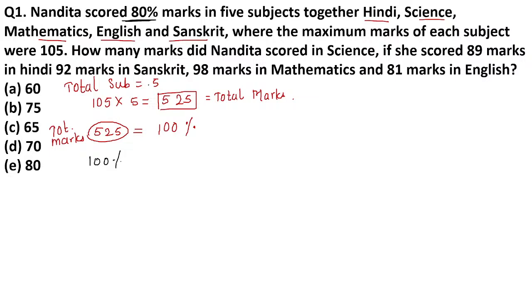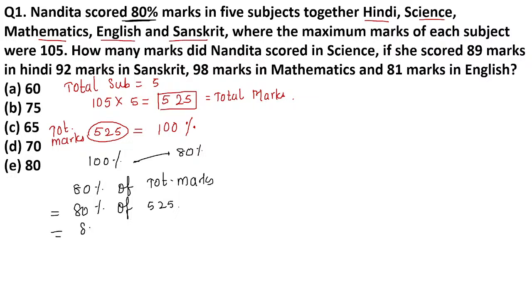She scored 80%. 80% of what? 80% of total marks. So 80% of 525. How to find the 80%? 80 upon 100 into 525.